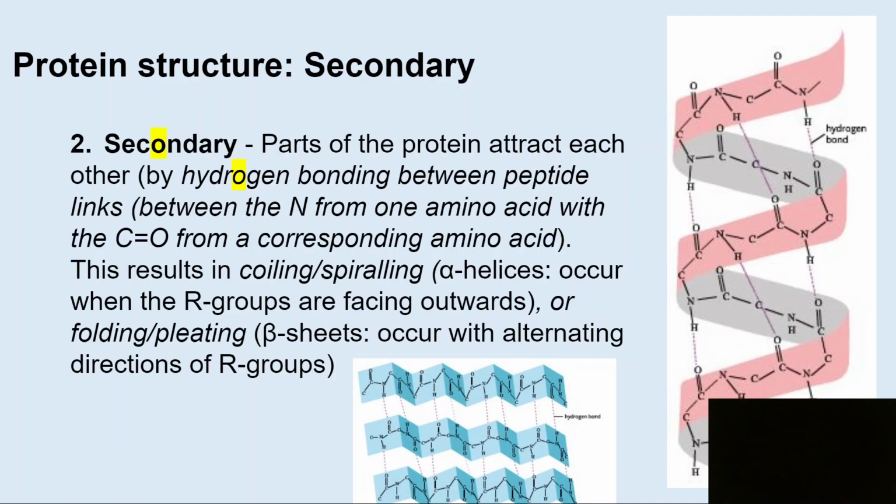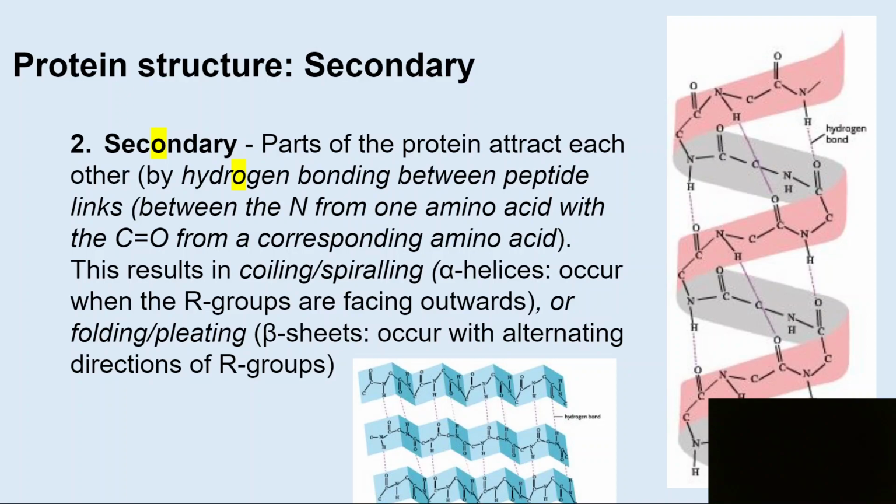So there's one hydrogen bond, and we'd see another here. So it's hydrogen bonding between the nitrogen from one nearby polypeptide and a corresponding one. And it relates to these 2 types of shapes.